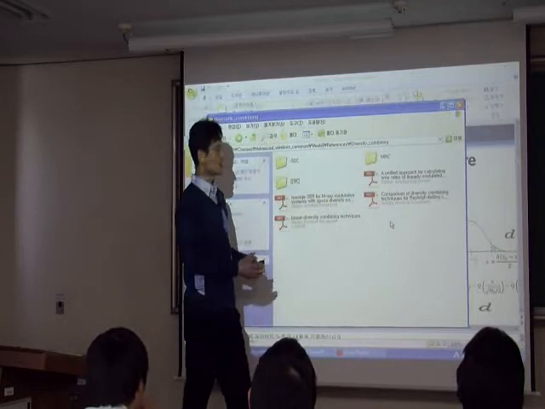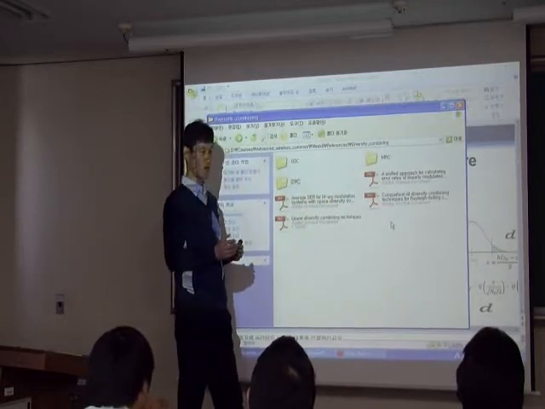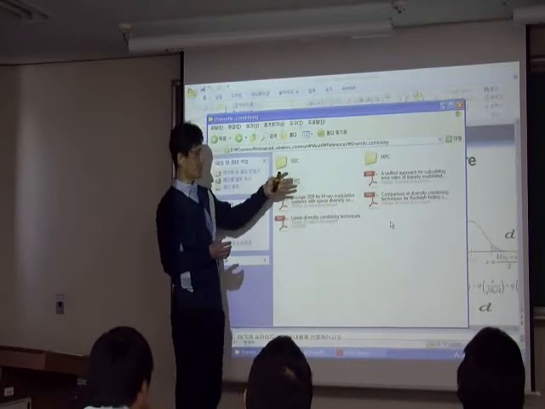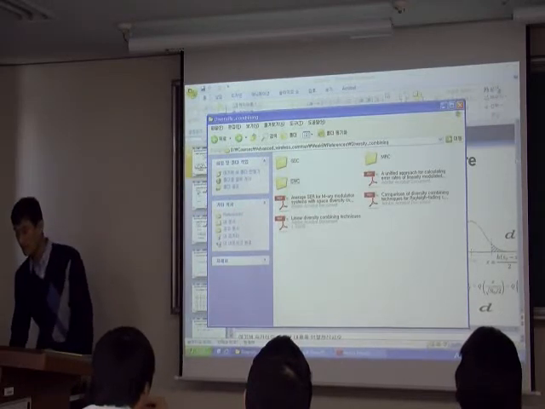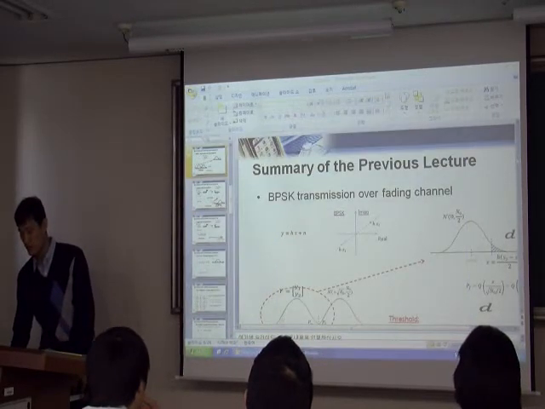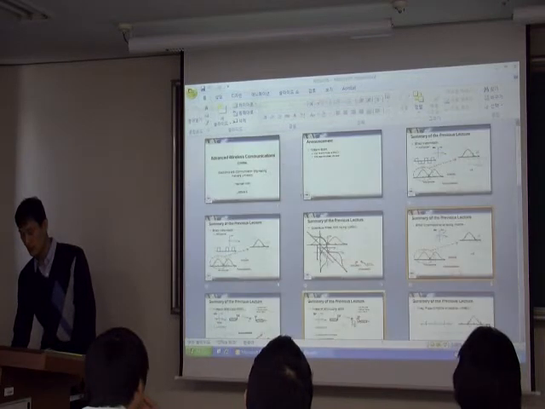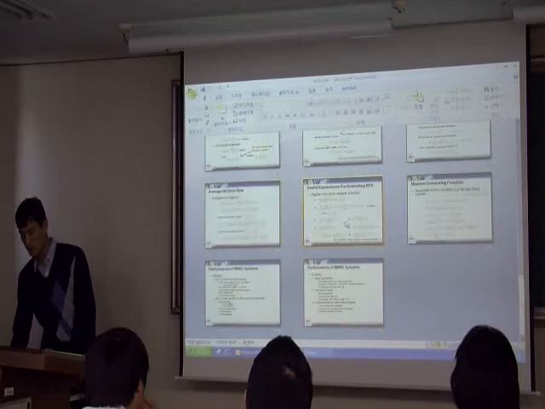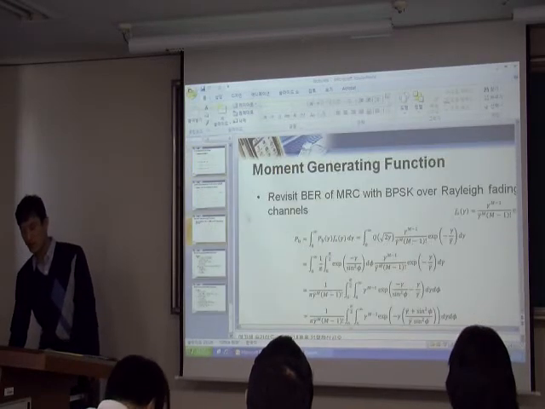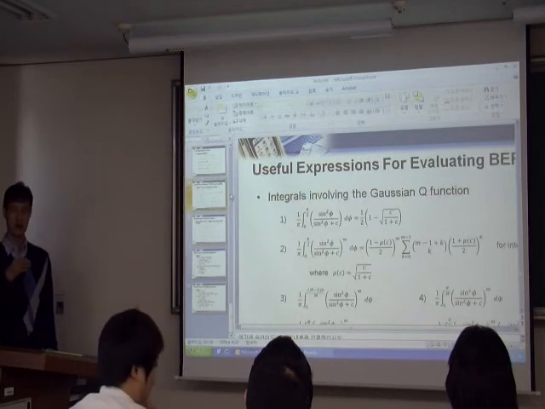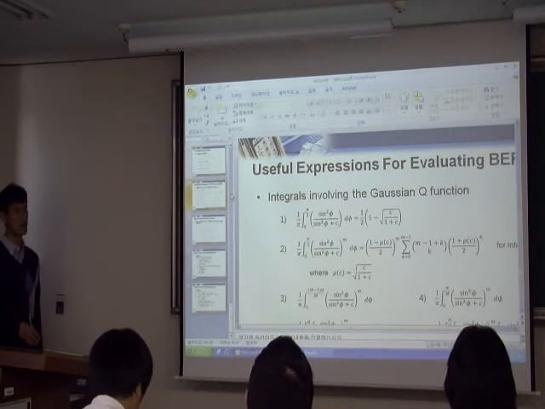What if we have non-IID channels? Each of them is a different paper. That's what people try in order to make papers. Using all these equations that we learned, or some other integral equation like this, those are all used when you write up papers, especially for bit error rate.